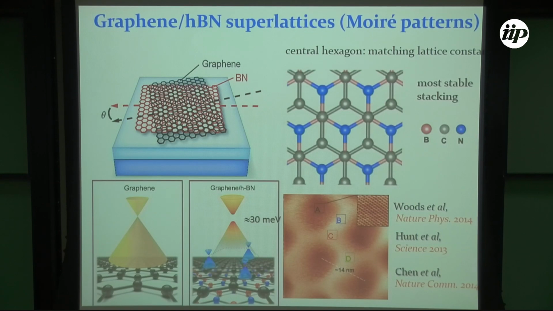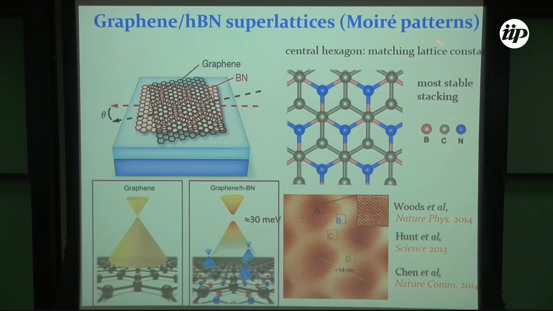To come back to the initial proposal of Yao, Xiao and Niu, they want to break the sublattice symmetry of graphene, and one way to do that is to deposit graphene on boron nitride, and by proximity effect, you will differentiate A and B sites in graphene, because they will interact differently with the substrate.